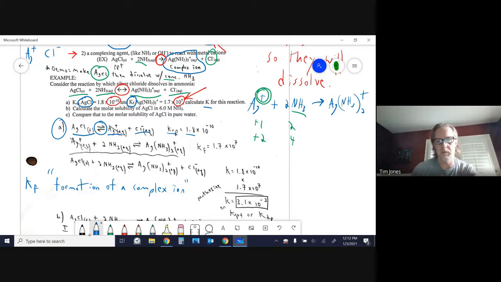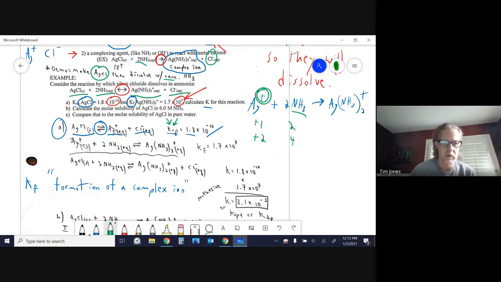KSP is 1.8 times 10 to the negative 10. Again, whenever you do a KSP expression, always put the solid on the left and the dissolved ions on the right. That's how it's done.